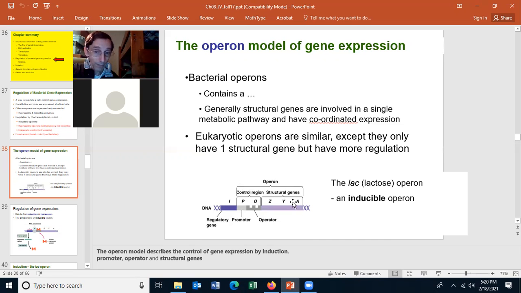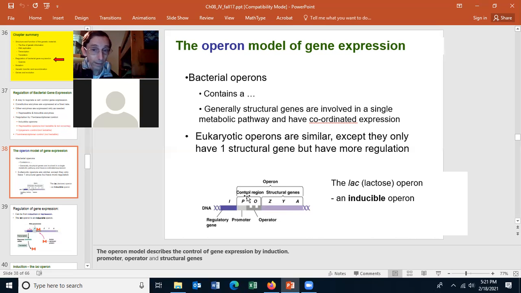But we have them in 3 operons. In prokaryotes, they have it in 1 operon. Any questions about that? So in one sense, eukaryotic operons are simpler because they always have one and only one structural gene in the operon. But in another sense, they are more complex because they have much more regulation of the operon. And we'll talk about regulation in just a minute.